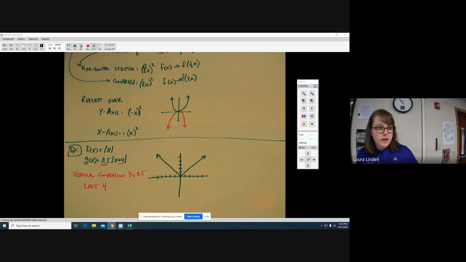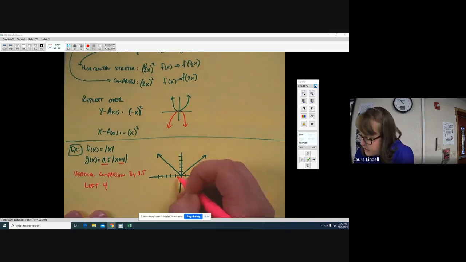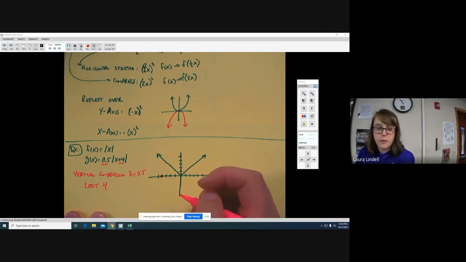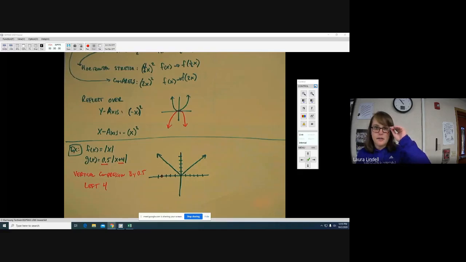So then if we're moving it to the left 4, this vertex is going to be over 1, 2, 3, 4. So that's what I would probably start with if I was going to graph this by hand. And then since this is vertically compressed and the factor is 0.5, that means it's going to have a slope now of 1/2.